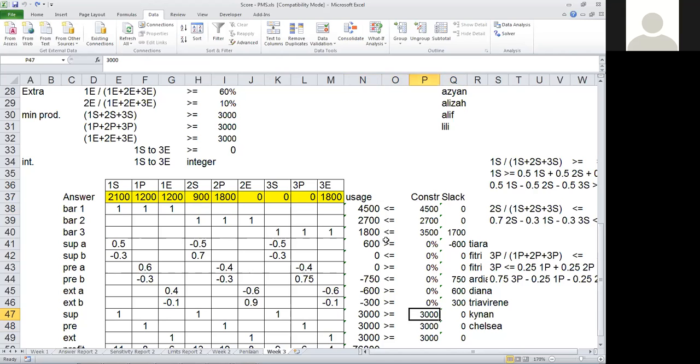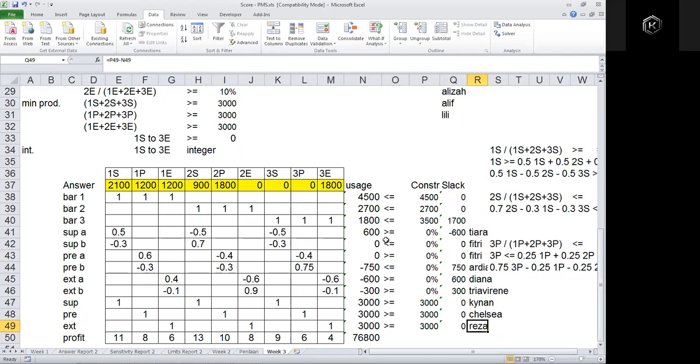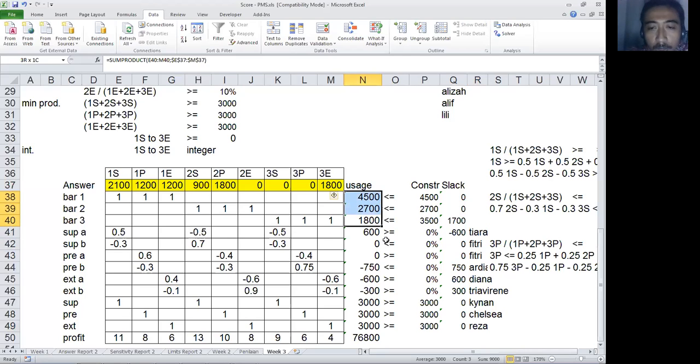Reza, thank you. Sir, I want to ask a question. Okay, Alif, please. In this question, is there any sensitivity report? There is no sensitivity report in this case because we violate one of the constraints, so we cannot get a sensitivity report.